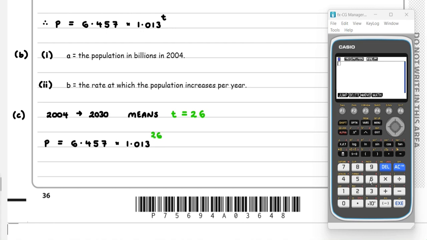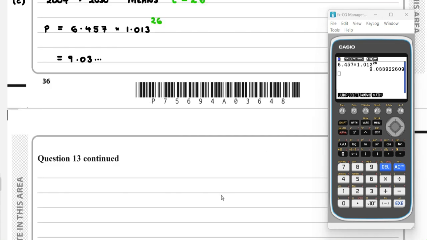Working this out, we have 6.457 multiplied by 1.013 to the power of 26, we get 9.03, etc. So the population is approximately 9 billion to the nearest integer.